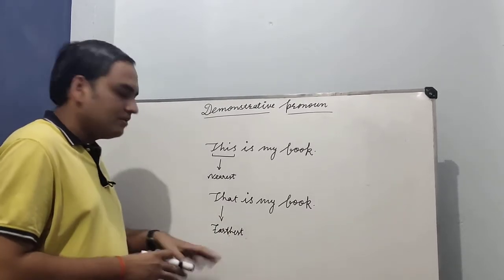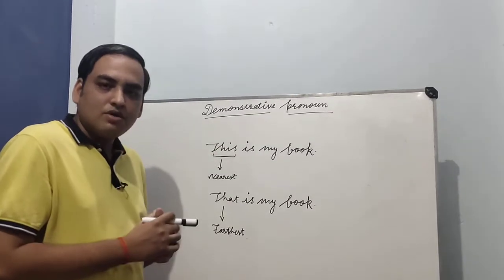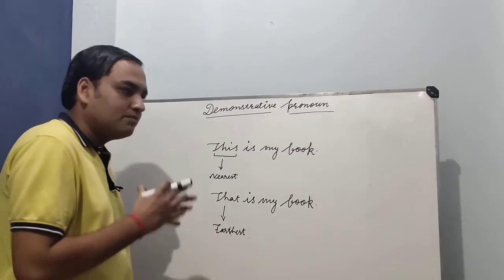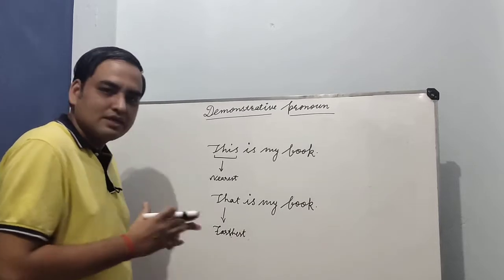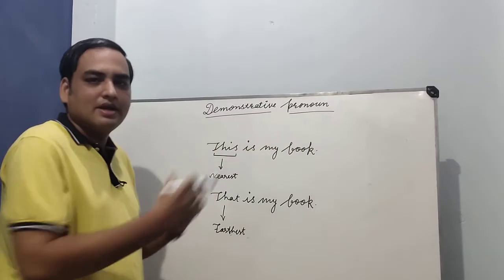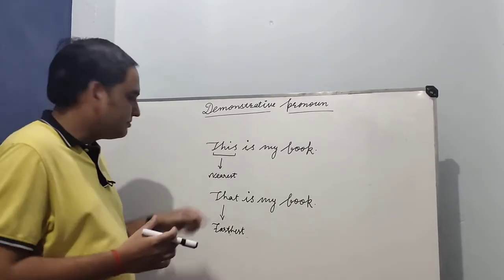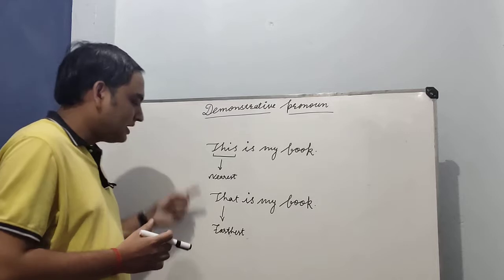Here we are talking about a book which is in a remote situation, meaning the book is not nearest to me. That is a book, meaning that is a book over there. So we have understood the difference between the use of this and that.